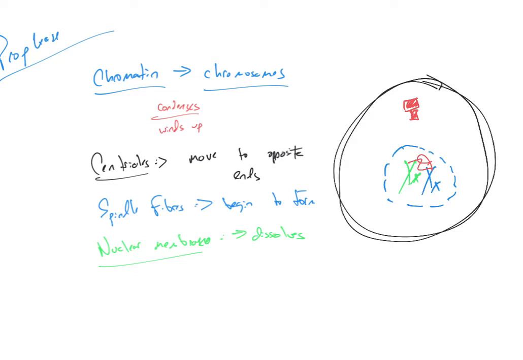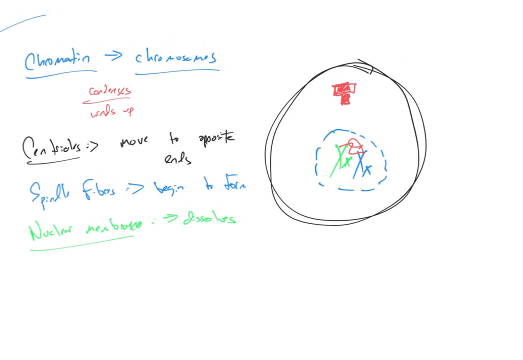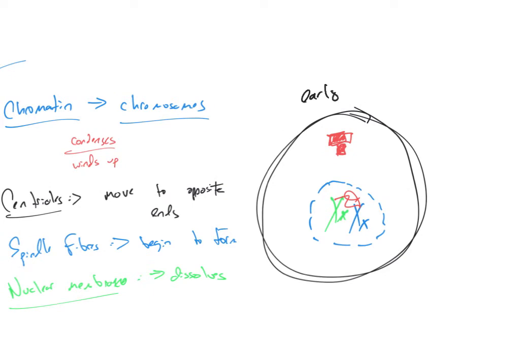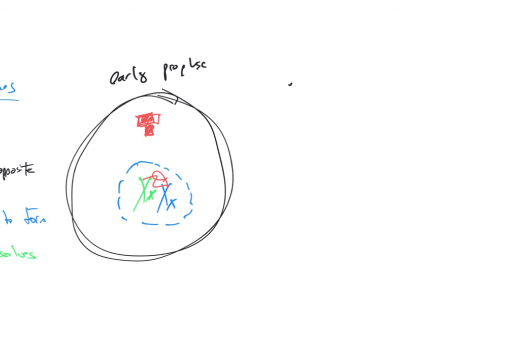The red squares are the centrioles, and they're going to move to opposite ends. This picture might actually be early prophase. If I look at late prophase, the nuclear membrane might be all gone, and the chromatin is definitely shaped like chromosomes, so there's no more chromatin.